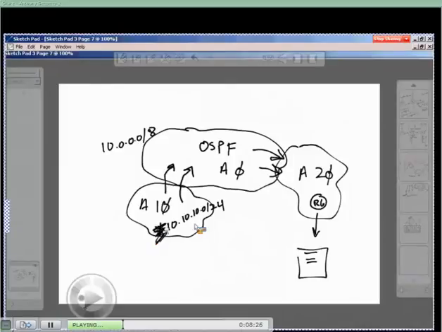Imagine, I guess a better example than a downed network, that inside area 10 we've just relocated where 10.10.10.0/24 is. If we've revamped how you get to the 10.10.10.0/24 network in area 10, again, we don't have to tell the backbone, we don't have to tell area 20.